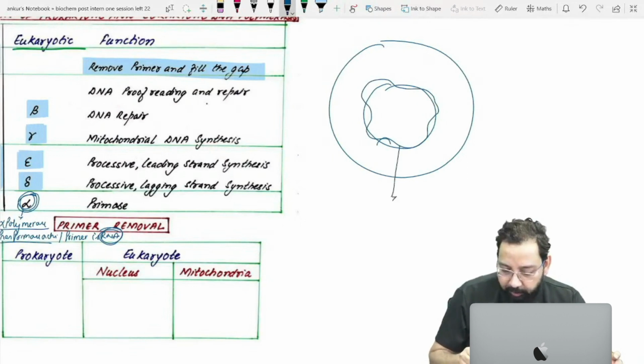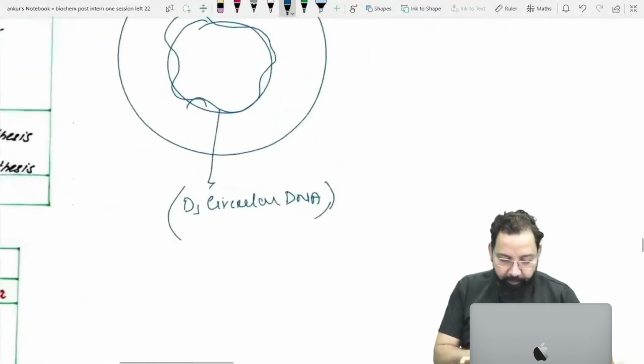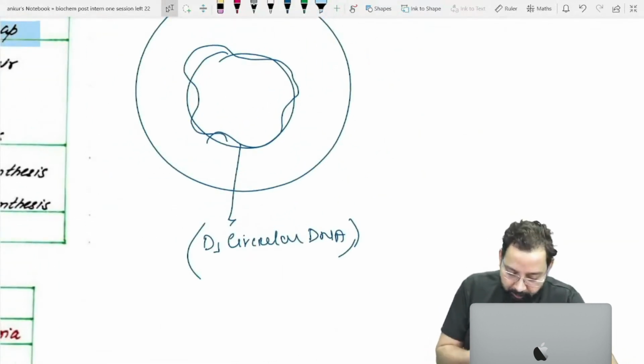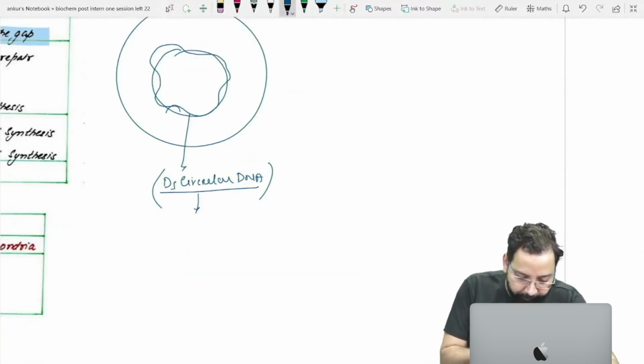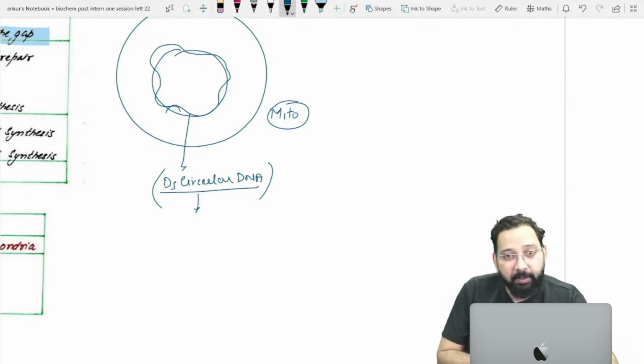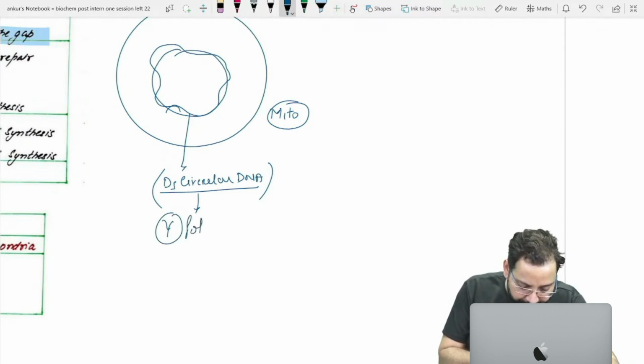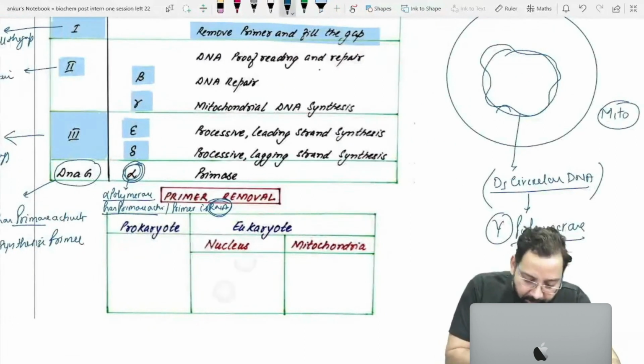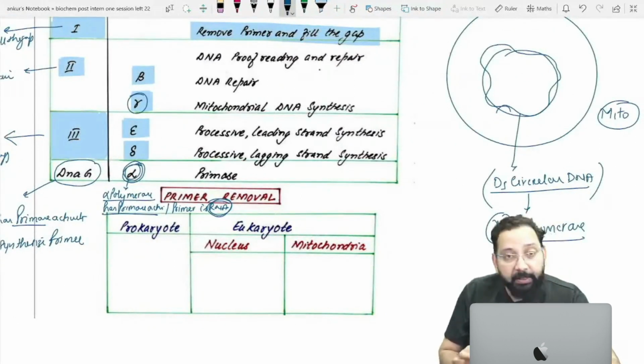And this double-stranded circular DNA is synthesized by gamma polymerase. So you can easily remember: alpha, beta, gamma, epsilon, delta.